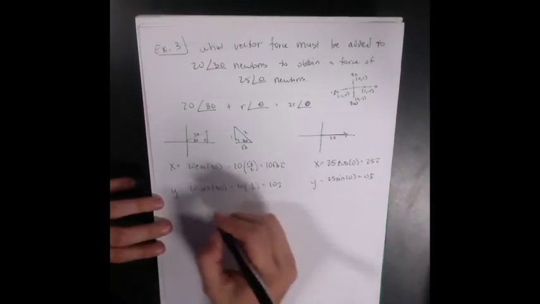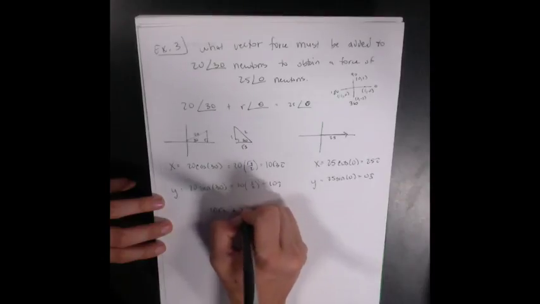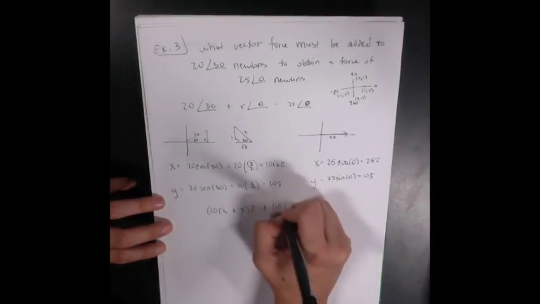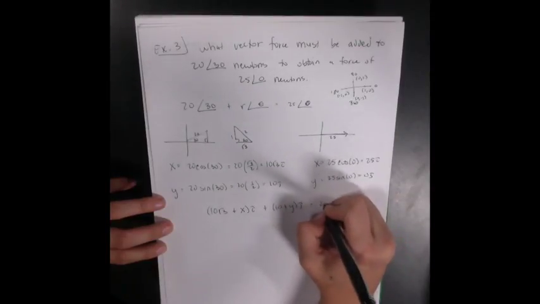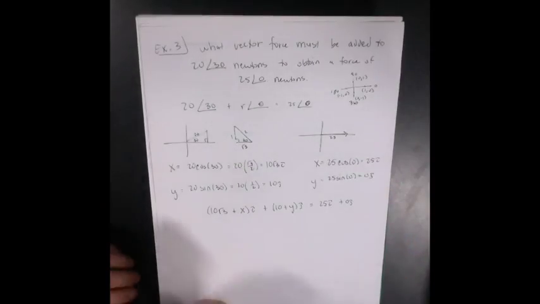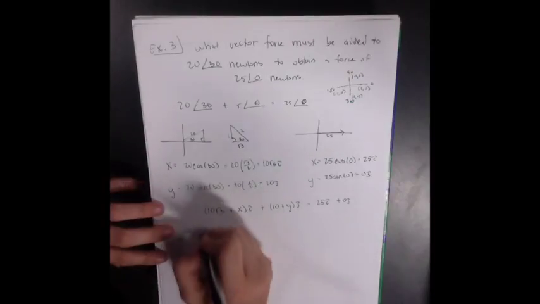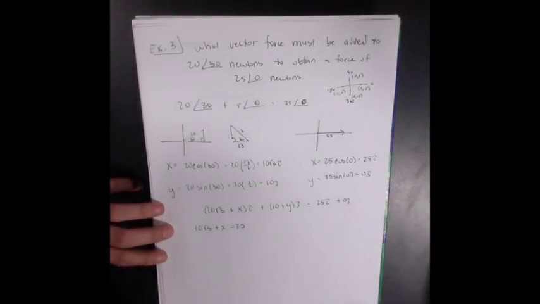Okay, you need to memorize those 4 points. Now, what this is telling me is I'm doing 10 root 3 plus some x, i hat, and 10 plus some y, j hat, is going to give me 25 i hat and 0 j hat. Okay, so I'm having 10 root 3 plus x is giving me 25.